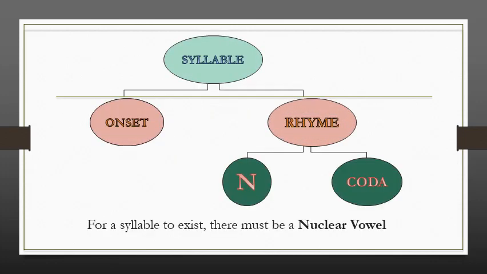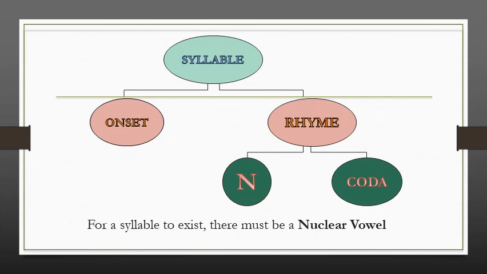As far as the structure of a syllable is concerned, a syllable consists of two parts: one is the onset, that is the first initial part of a syllable, which comprises a consonant or consonants. The next part of a syllable is the rhyme. Rhyme consists of a nucleus, that would be a vowel sound, and after the vowel sound, the last part of a syllable is the coda, which also comprises a consonant or consonants.